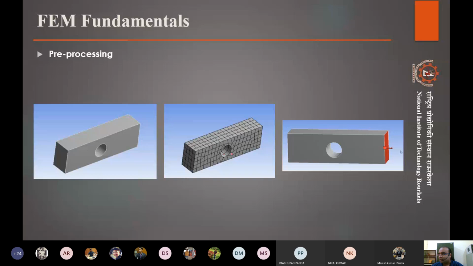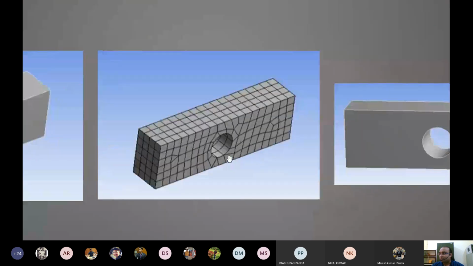The thing to note is how the type of discretization and meshing changes when they reach the center part. If I zoom, even though on the outer sides the mesh is quite regular, as it reaches the center, it has to change its type of meshing, because the center geometry is circular.